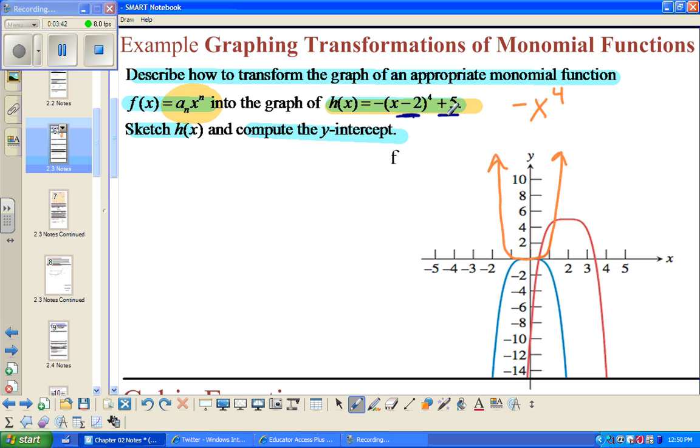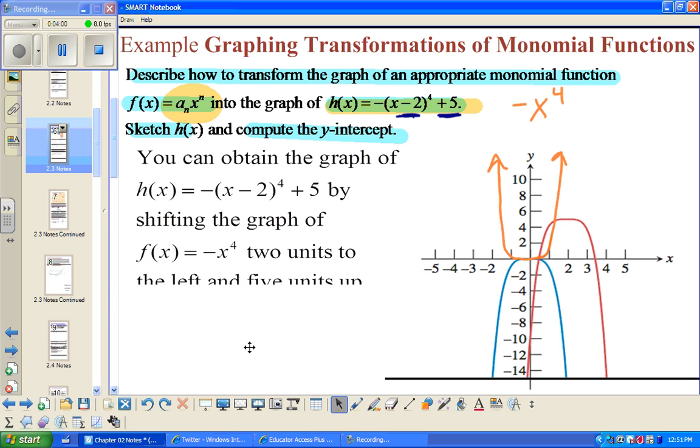And then when you add 5 outside of the monomial function, you raise it up 5, which results in this red graph shown. So that's verbally what's going on.